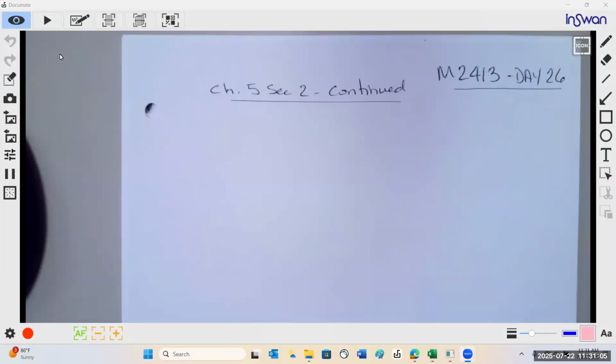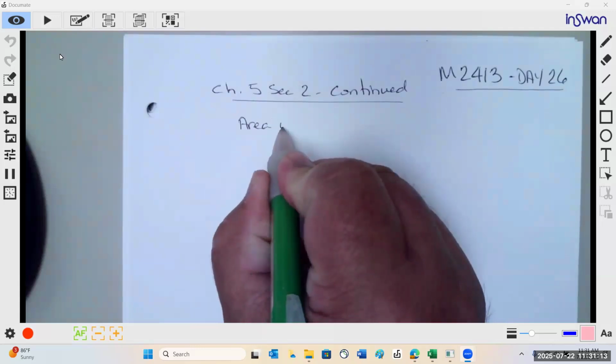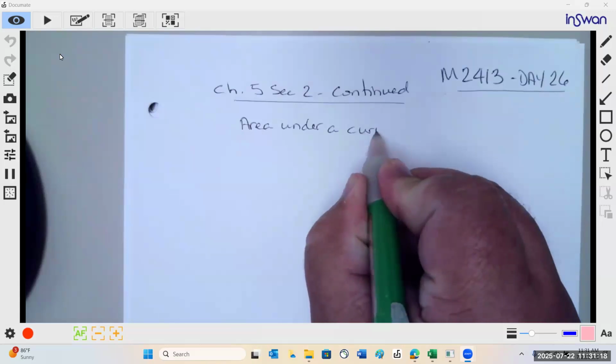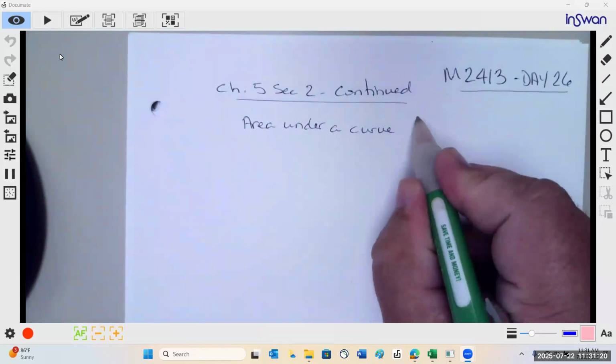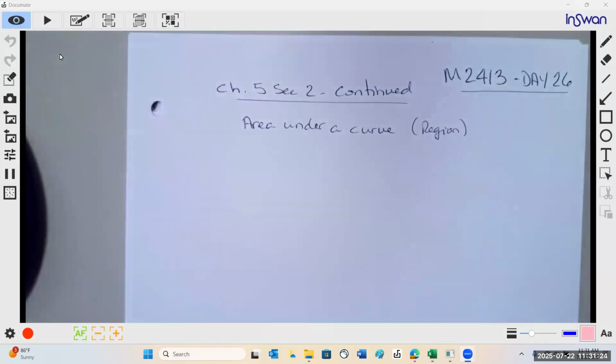Where we left off last time was an example where we're looking for area under a curve. We call that the region. But it's more than area under a curve.